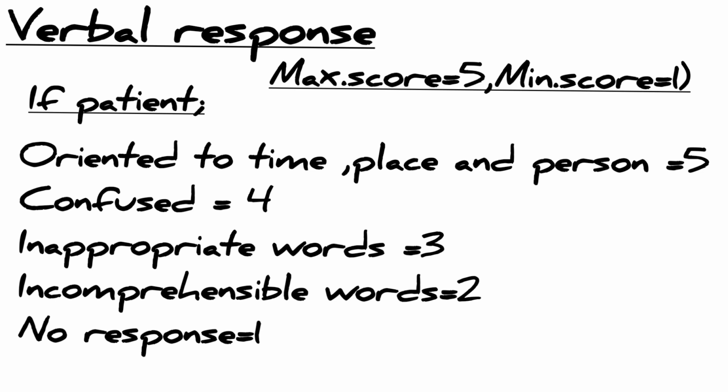Then in case someone speaks incomprehensible words, like words you don't understand, words which are not verbally correct, we give them a total of 2. Then we give 1 score in case someone is totally unresponsive verbally, they cannot say anything.